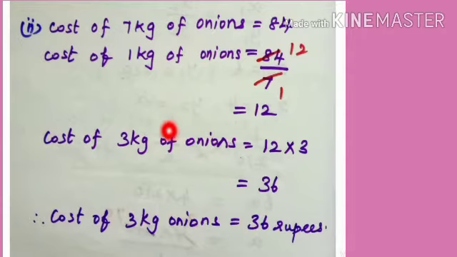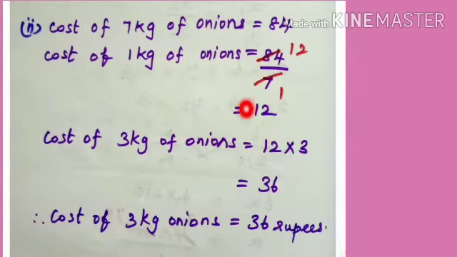So now by using division, we find the value of one quantity, that is, the cost of 1 kg of onion is equal to 84 divided by 7. When we divide 84 by 7, we get 12. So 12 sevens are 84. So the cost of 1 kg of onion is 12 rupees.